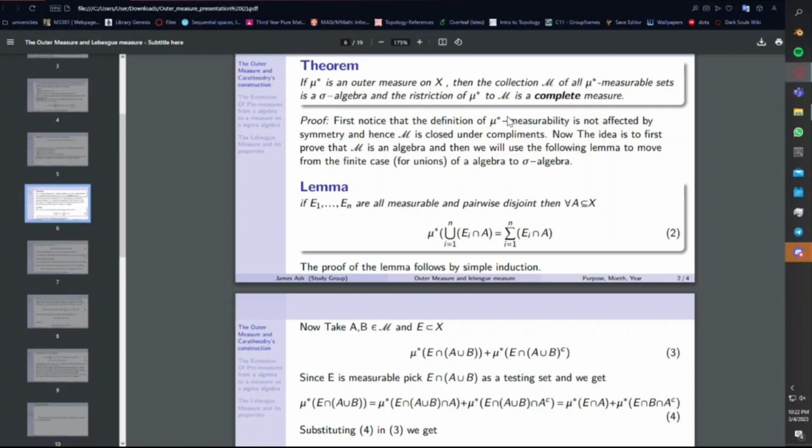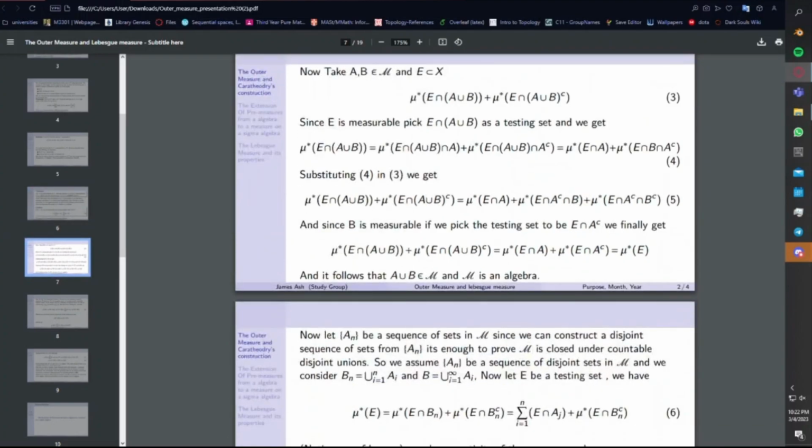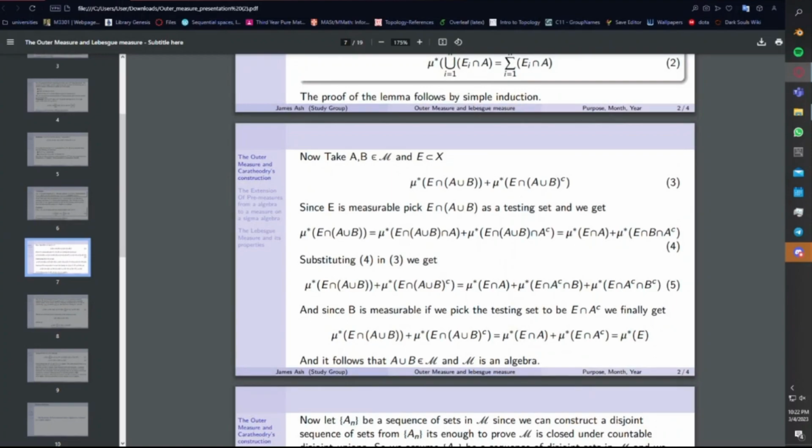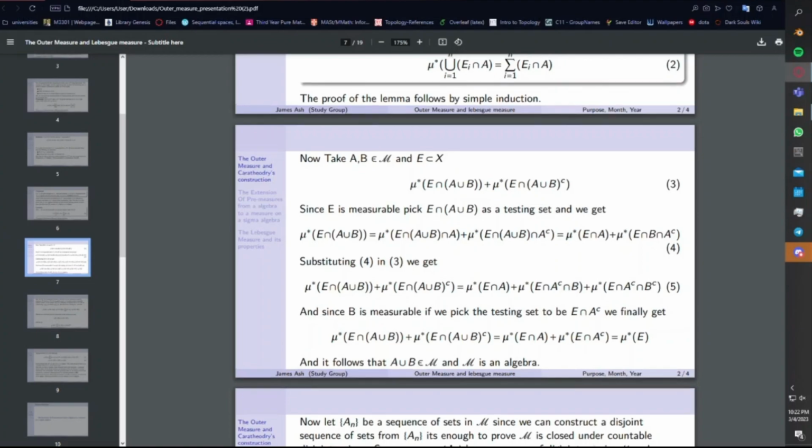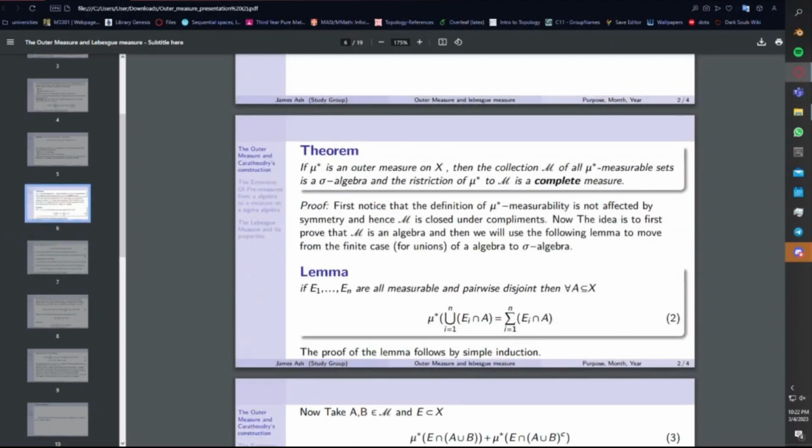You mean how we can apply what we did here about measurability? Yeah, the whole thing about going from a pre-measure to an outer measure and then taking the measurable sets.